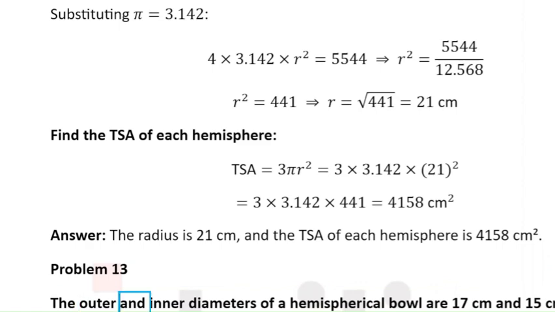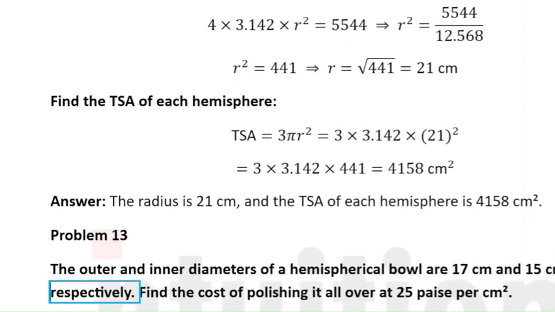Problem 13. The outer and inner diameters of a hemispherical ball are 17 centimeters and 15 centimeters respectively. Find the cost of polishing it all over at 25 paise per square centimeter.